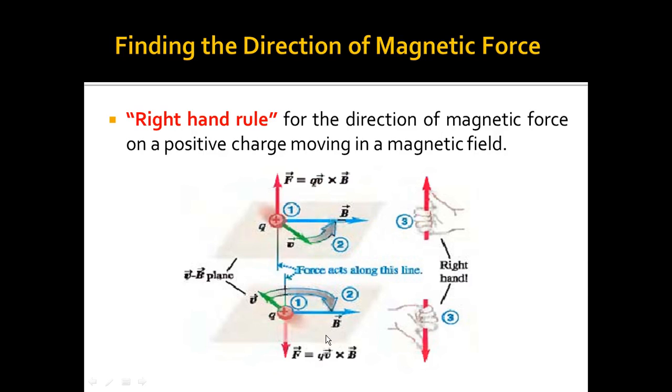Making use of the right-hand rule, again, you need to point your four fingers towards the direction of the velocity. Now, what you do is curl your four fingers towards the direction of the magnetic field, and your thumb should be pointing outwards, towards the direction of the magnetic force.